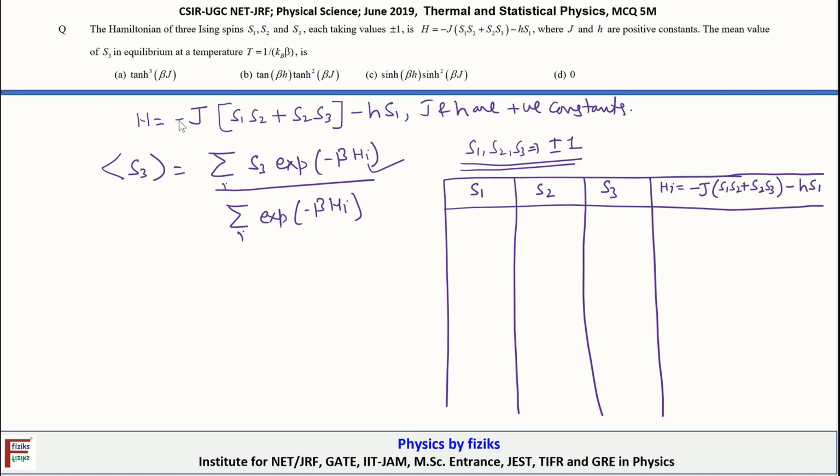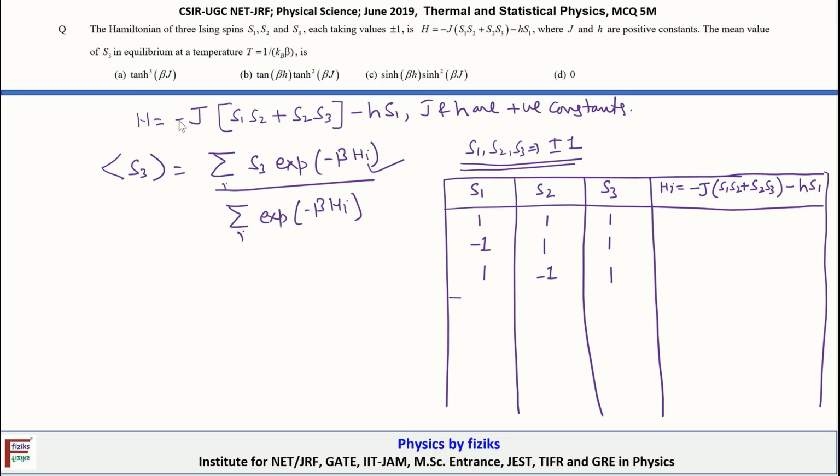Okay, so now here S1 and S2 and S3, they can have plus 1 or minus 1 value. So I will write here all possible values for these three spins: minus 1, plus 1, 1, minus 1, 1, 1.